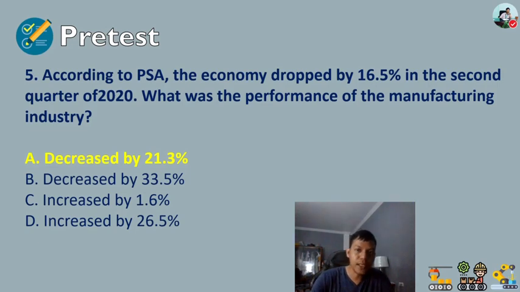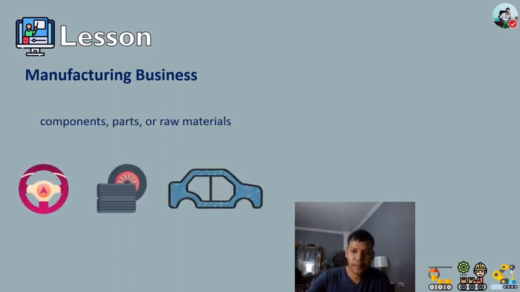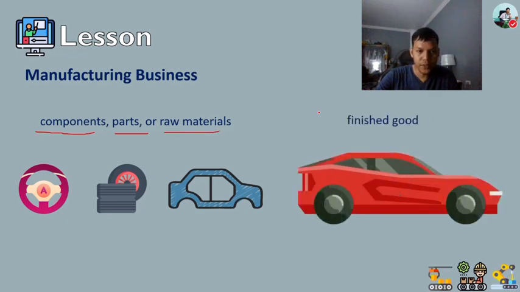Now let's proceed to the lesson of this topic about the manufacturing industry. A manufacturing business is any business that uses components, parts, or raw materials to make a finished good.